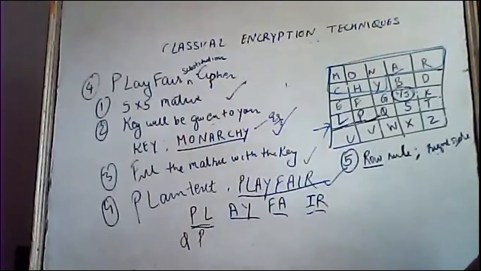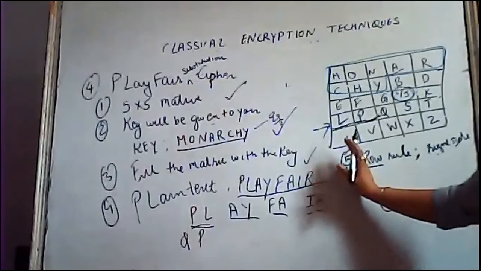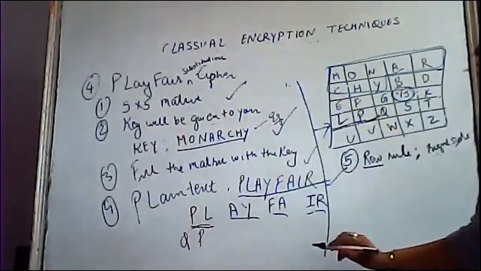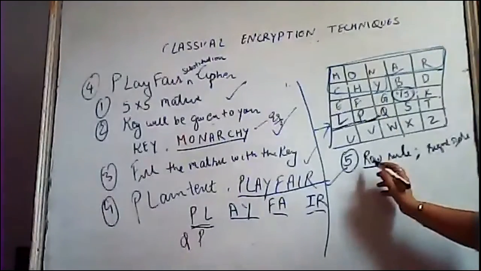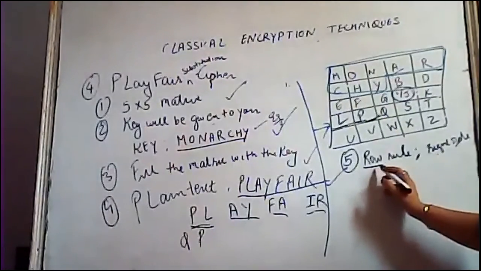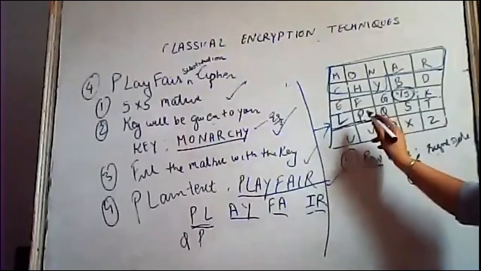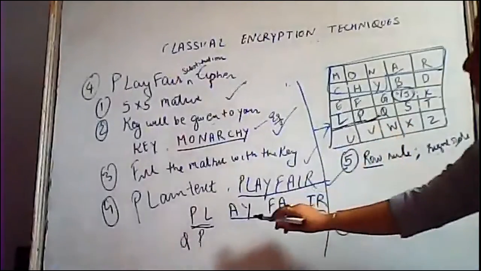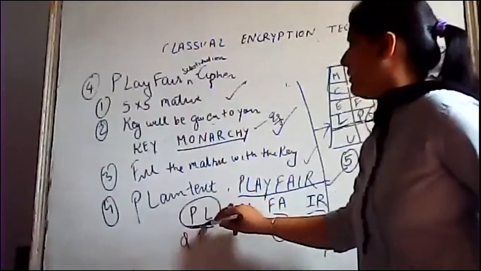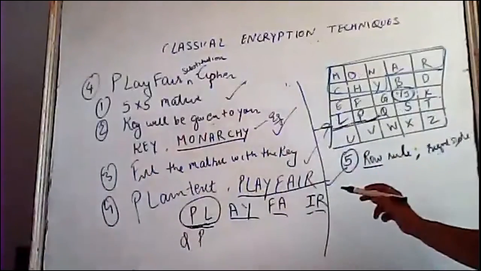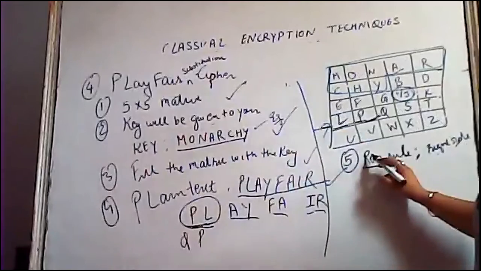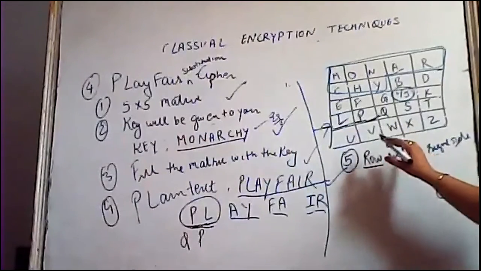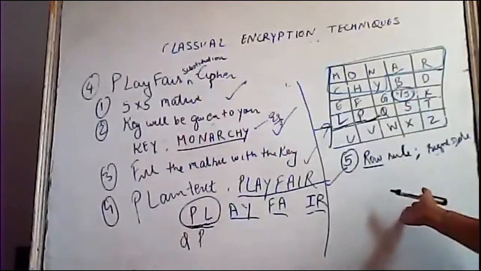I will repeat again. Till now, all these were the requirements of your Playfair. Now, how will we encrypt? This is the method that you are using, the row rule. What the row rule says is that if the alphabets in a pair belong to the same row, then you have to take the alphabets that are to the right of that particular alphabet.